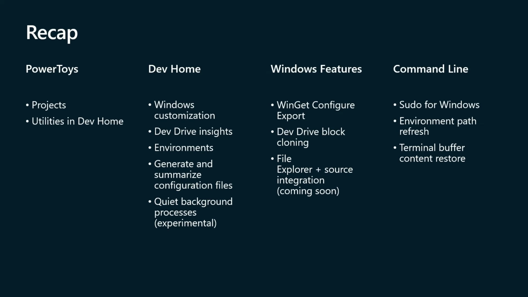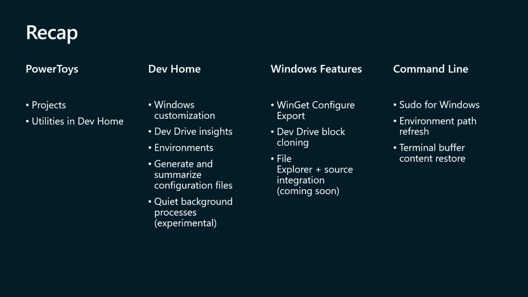In Dev Home, we have a ton of new features that we encourage you to go check out. It's got the environments that allows you to connect, configure, and create new development environments as you need them for your workflow. As well as those quiet background processes, the experimental feature.